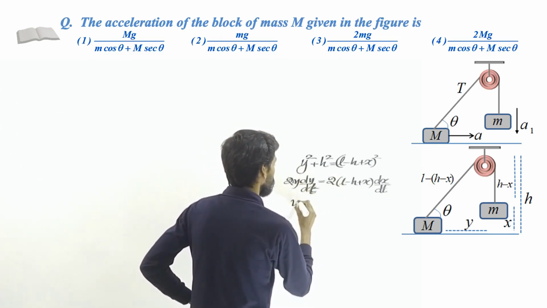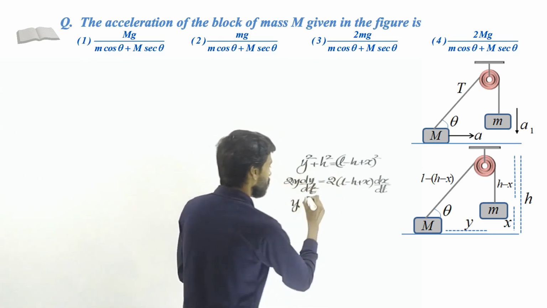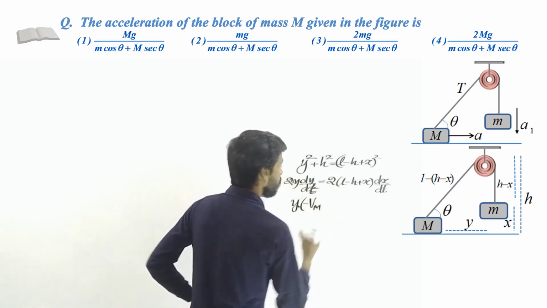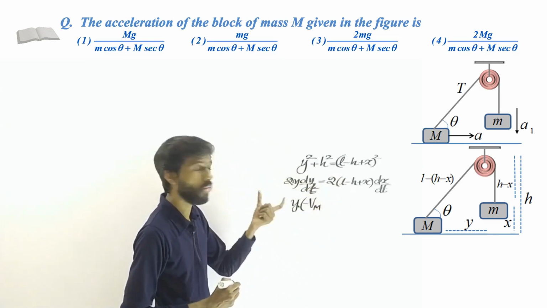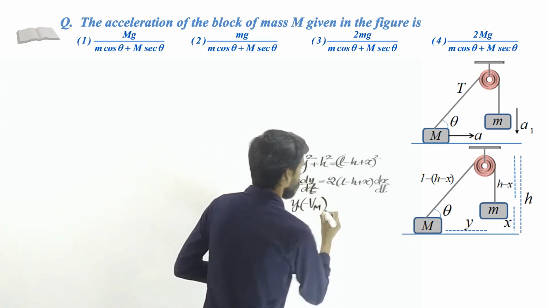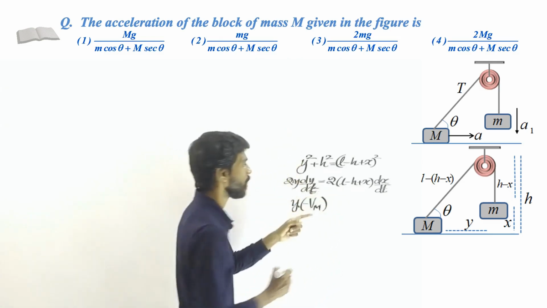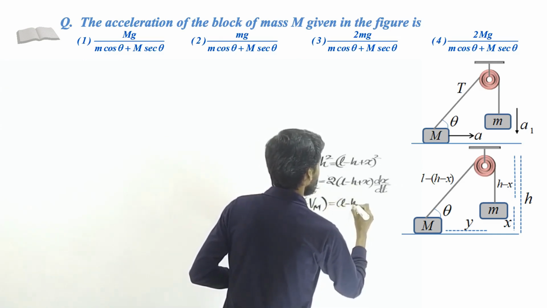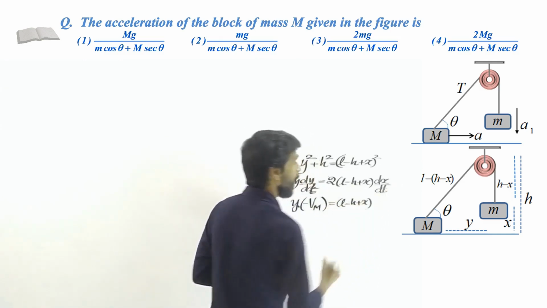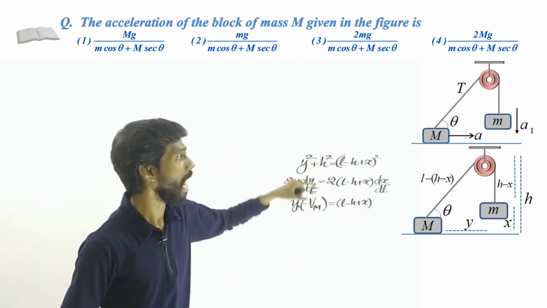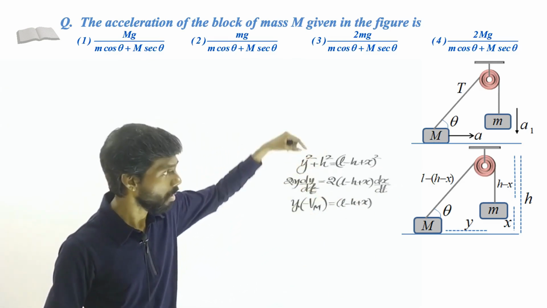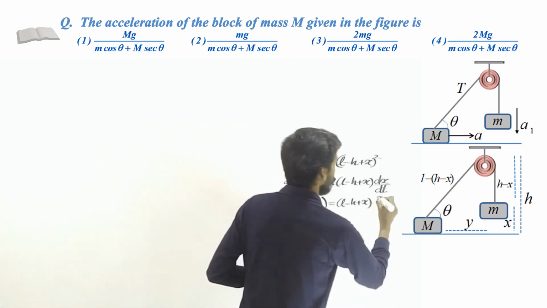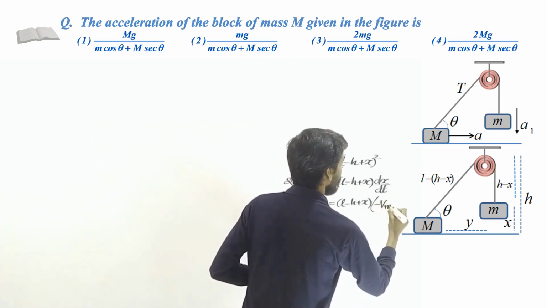This is y multiplied by dy by dt, which is minus of the velocity of the block of mass capital M, right? Minus, because y decreases. The block is moving in this direction, so y decreases. So that equals L minus h plus x multiplied by, again, x also decreases. As that block of mass small m moves downwards, x decreases. That means that is the negative of the velocity, minus of v m.